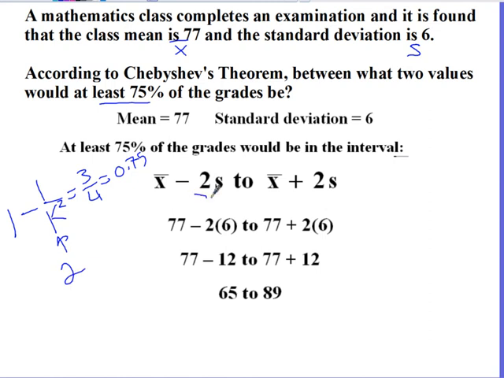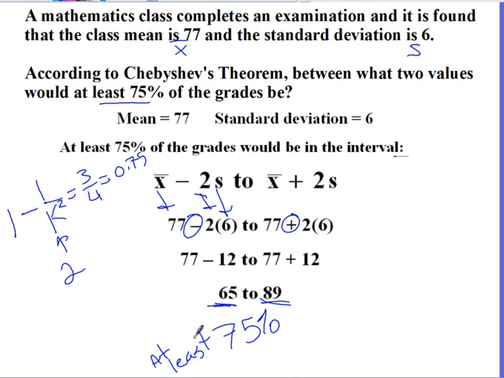To come up with our interval, we take our mean of 77, our standard deviation of 6, and add and subtract that number to get 65 to 89. That means 75% of the test scores were between 65 and 89. With the caveat of at least, it could actually be more than that.